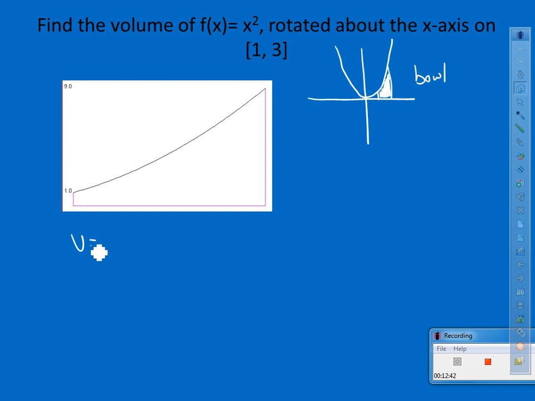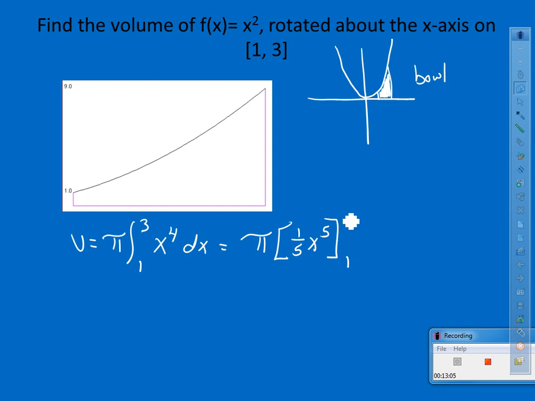The volume of this thing as it's spun about the x-axis is pi times the antiderivative, going from 1 to 3, of f of x squared, so once again, x to the 4th. Technically, there's a dx. Then this becomes pi times 1/5 x to the 5th, evaluated from 1 to 3.